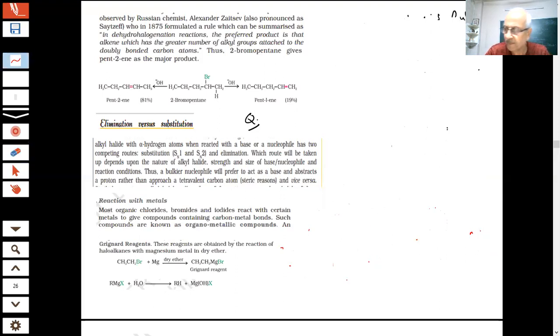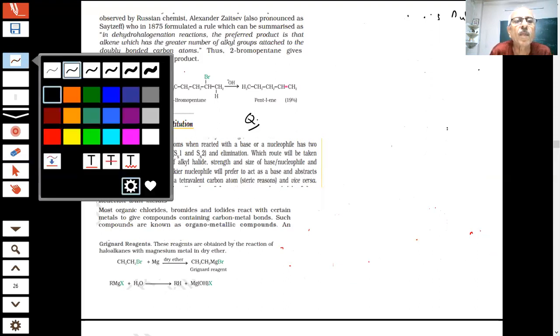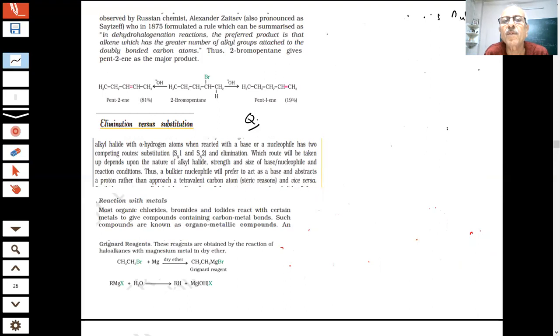Look, you are given a compound CH3 CH2 CH2 Br, you are given aqueous KOH, and you have to write the product.